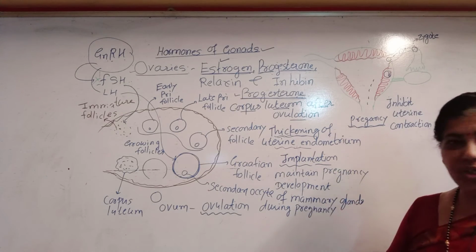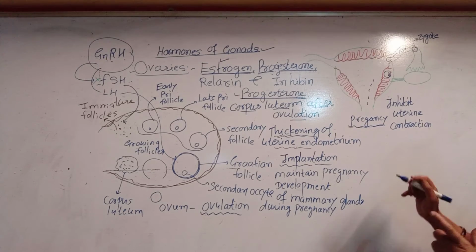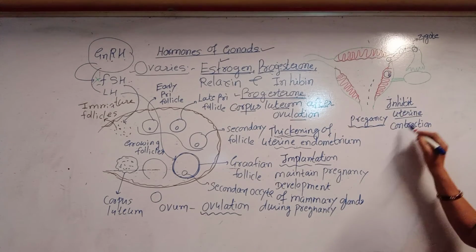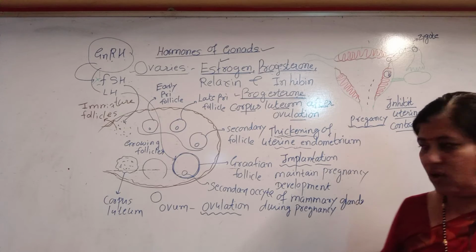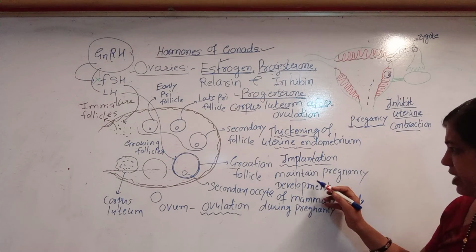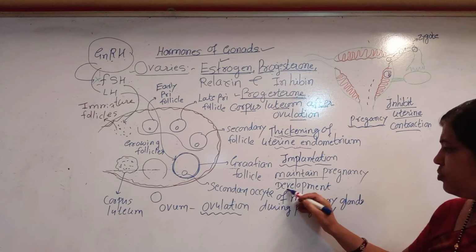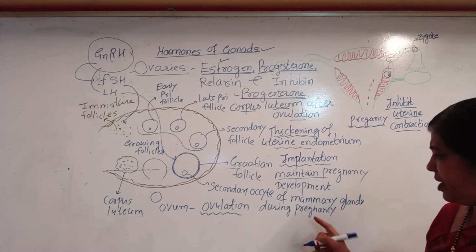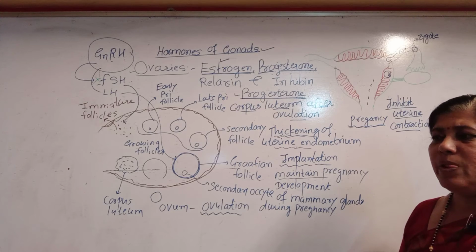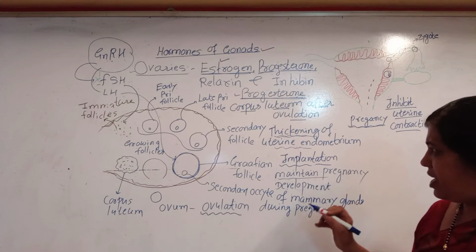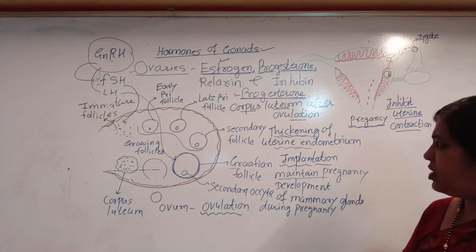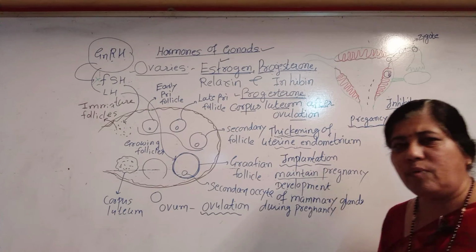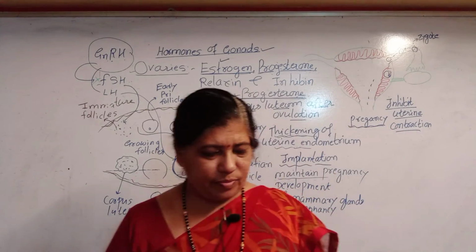It prevents abortion by inhibiting uterine contraction. It is responsible for development of mammary glands during pregnancy. It prepares the uterine endometrium for implantation, and progesterone is responsible for thickening of the uterine endometrium.